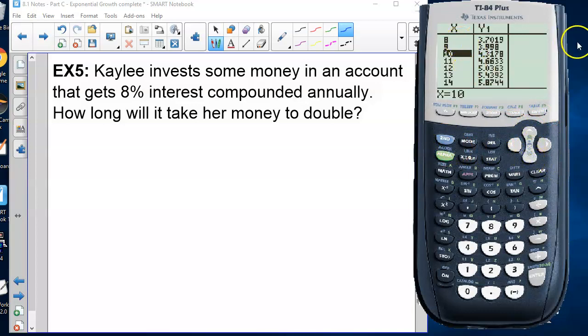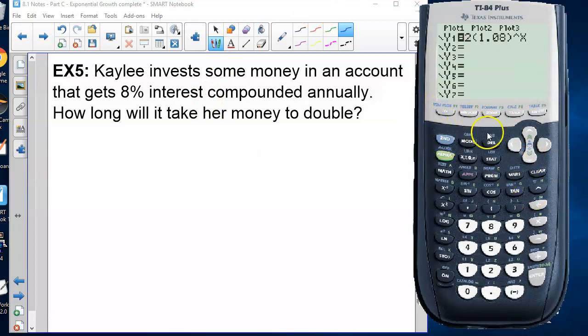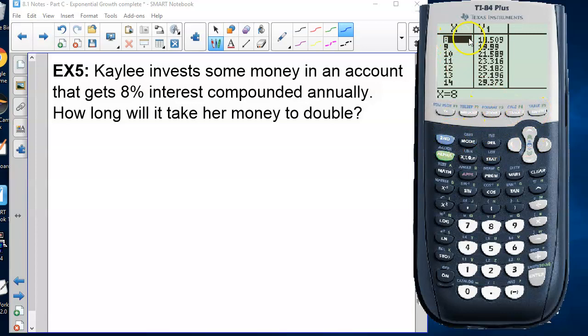Now, watch this. Evan used the number too big. Somebody else. Monica, what did you use instead of 2? 10. So, 10, go to the table. And right there between 9 and 10, that's where she had $20.